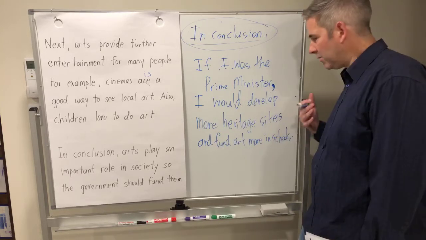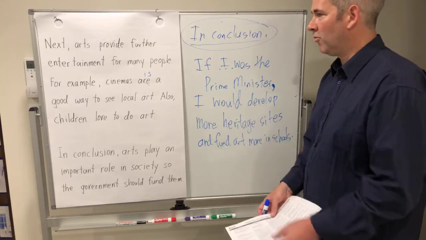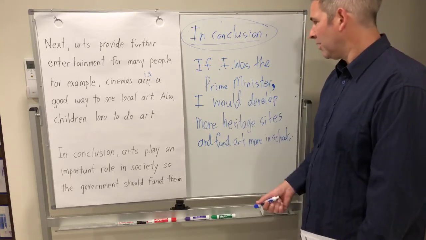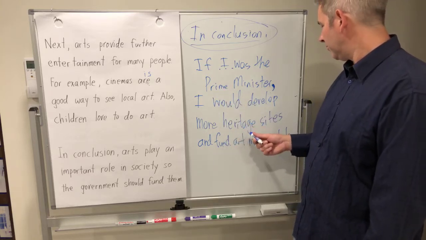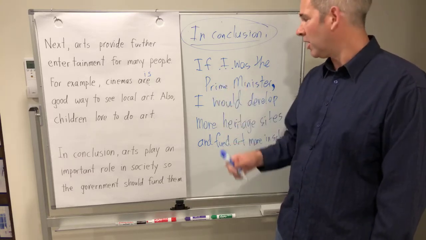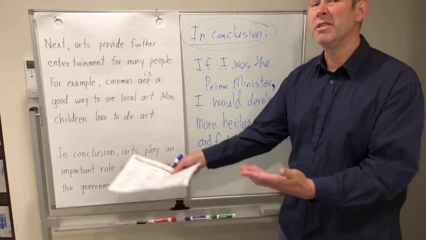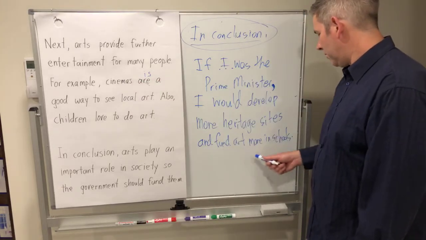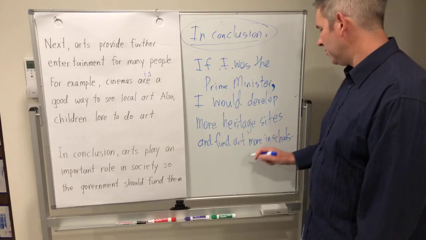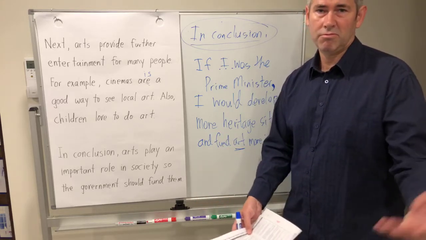Now, what I'm doing is I'm just referencing a couple of the main things which the student has mentioned in the main body paragraph. So one of them was the different sites such as museums. We also have cinemas here, but perhaps cinemas could also relate to art. You know, students.